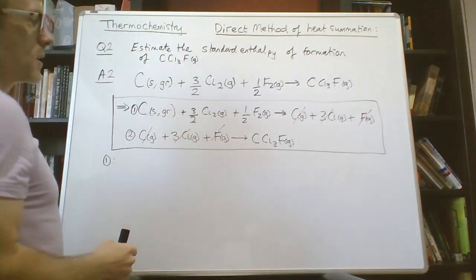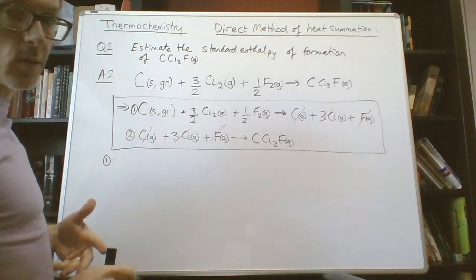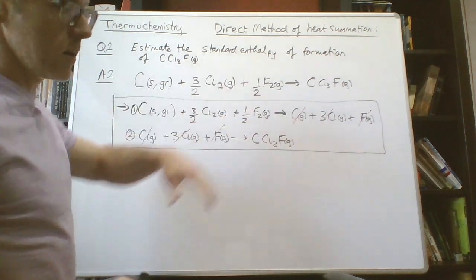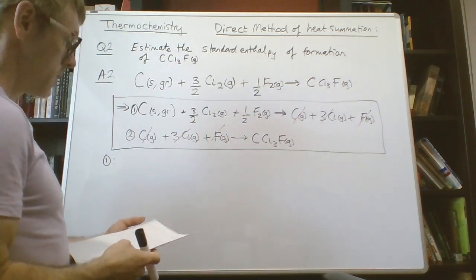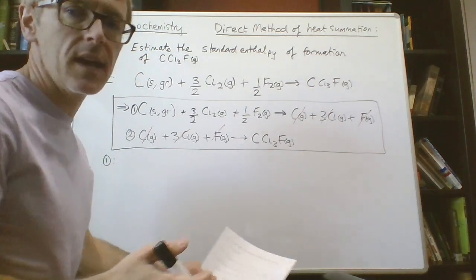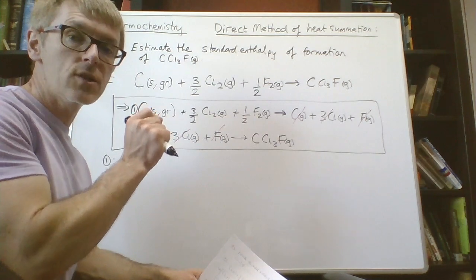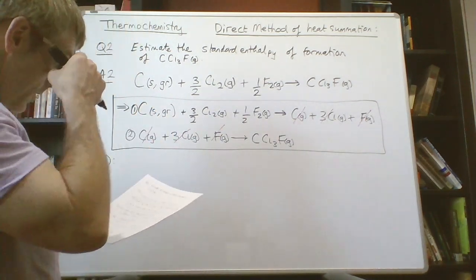So we can see that overall, when we combine equation 1 and 2, which we will, we have only what's in our net target equation. Okay, so we're not changing anything net. All we're doing here is looking with a fine microscope at the energy pieces, and we're making sure that we add all the discrete energy pieces.